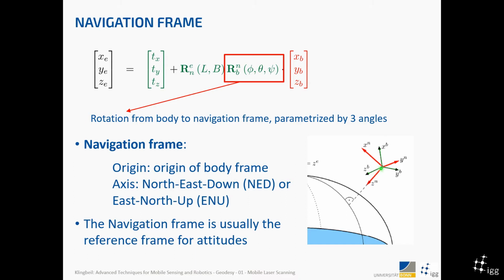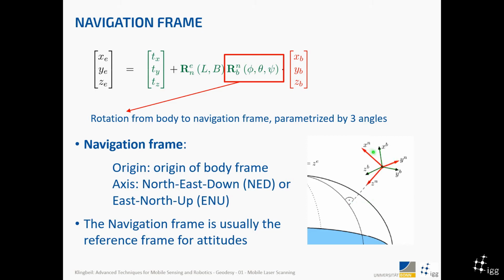So here we can see the system, right? The red one here is the navigation system, and the green one is the body system. They have the same origin, right? But in the navigation system, the z-axis is pointing down, perpendicular to the ellipsoid of the Earth, and this is pointing up towards north, tangential to the ellipsoid, and the y-axis is also tangential, pointing to east, right?